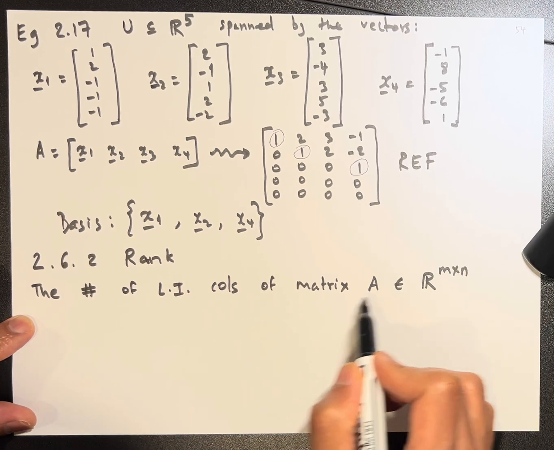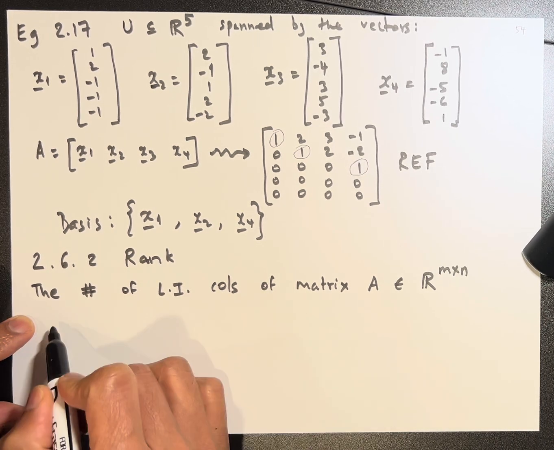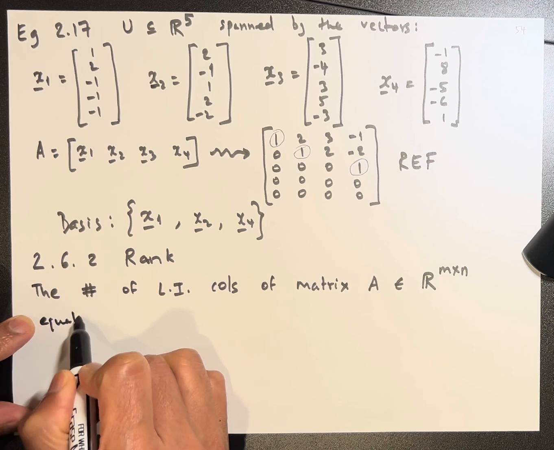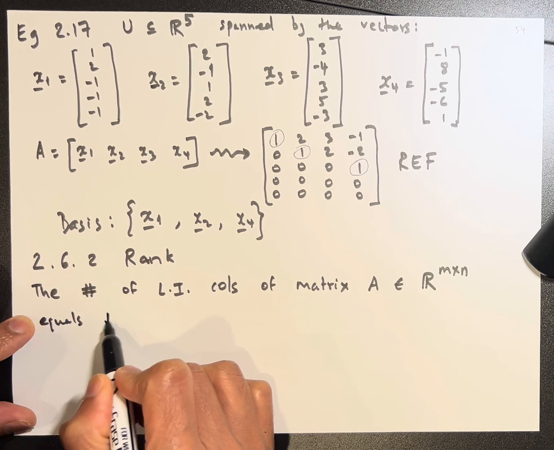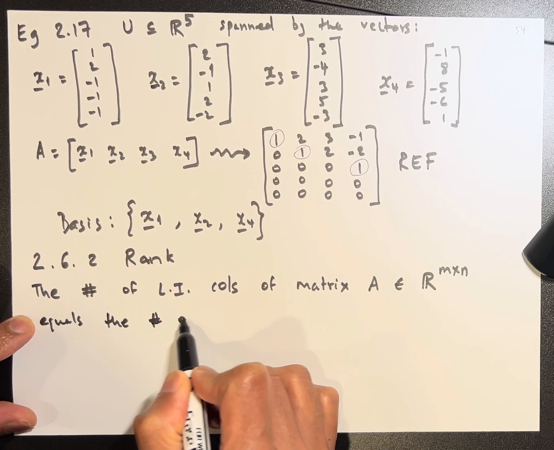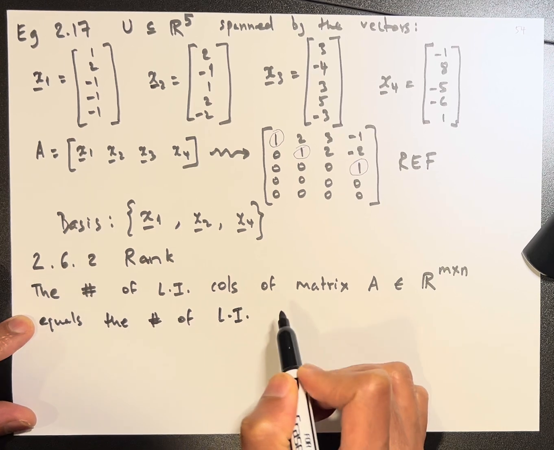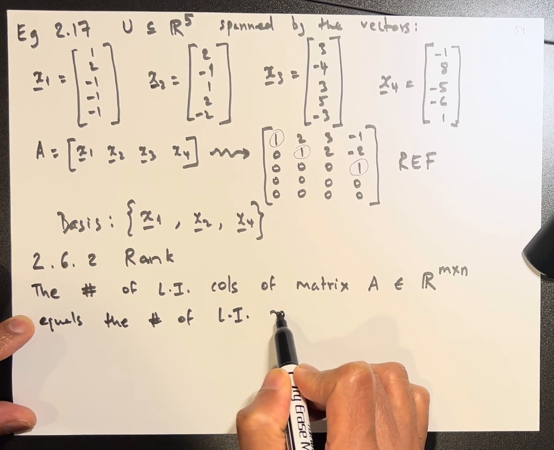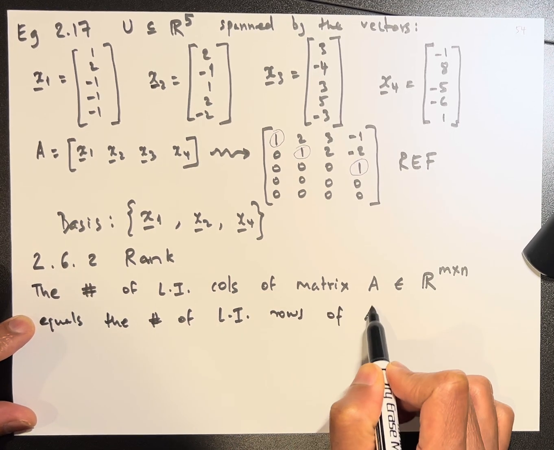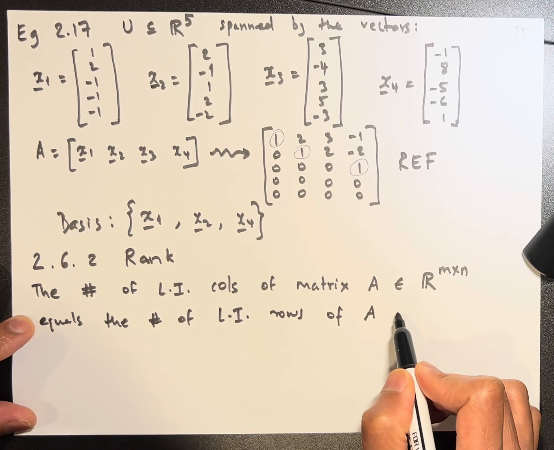This is how it is defined, and it also equals the number of linearly independent rows of A. Okay, and it's called the rank of A, right?